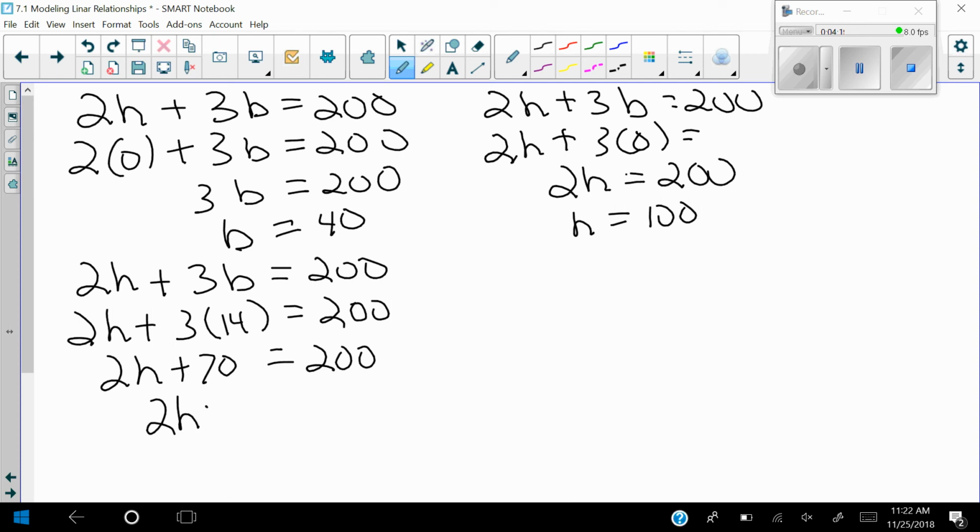And 2h is equal to 200, and h is equal to, oh, let's fix that. This should be 130.